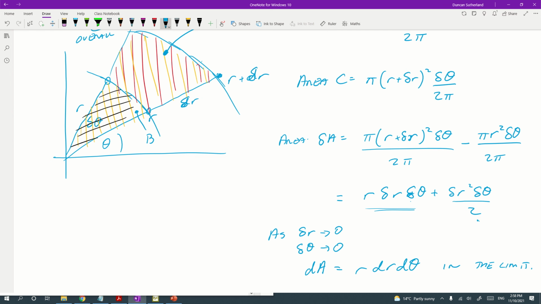Your integral then proceeds pretty much as normal, right?